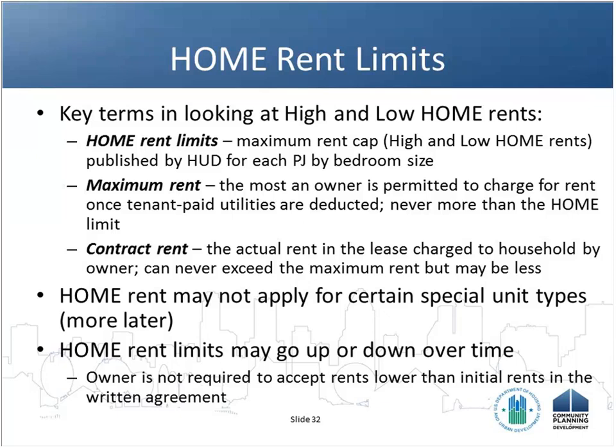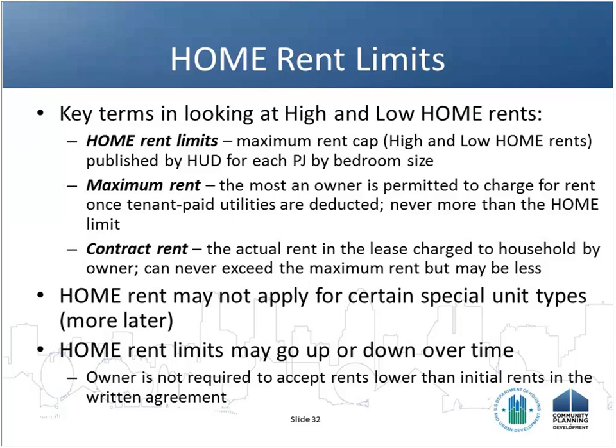Now, keep in mind, the HOME program cannot require an owner to accept rents that are lower than what that initial rent was when the project was funded. So the PJ will want to include in that written agreement what those initial rents are at the point that we fund that project.